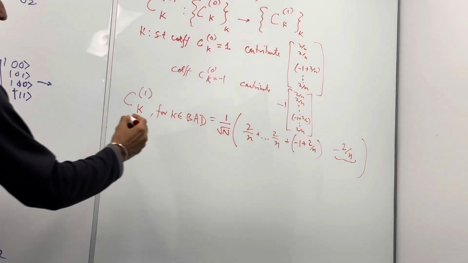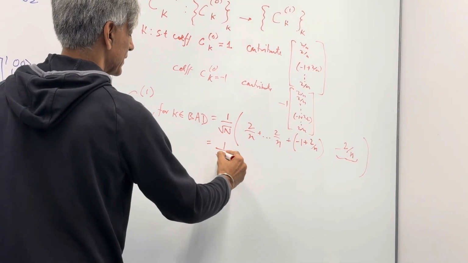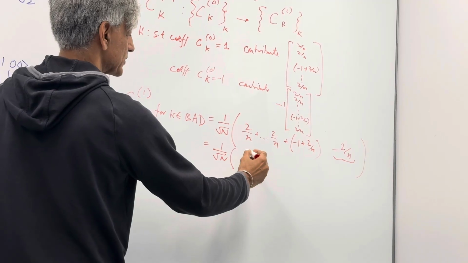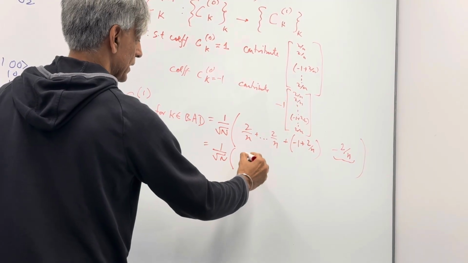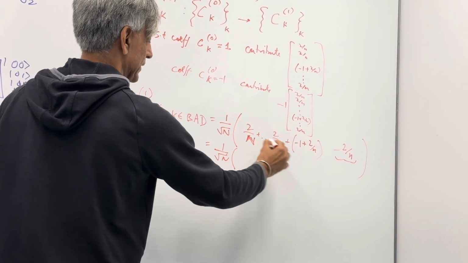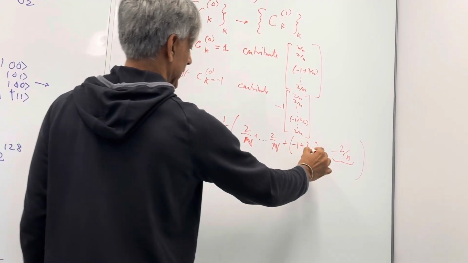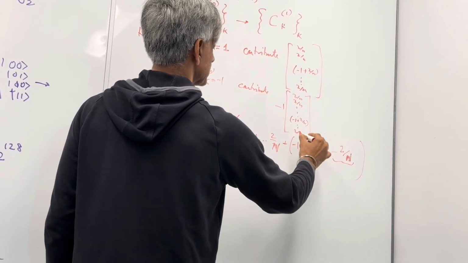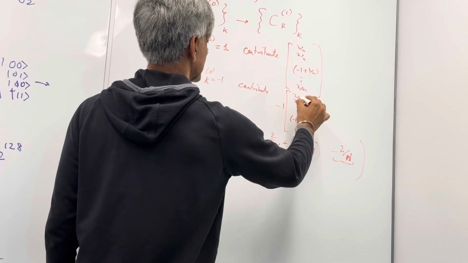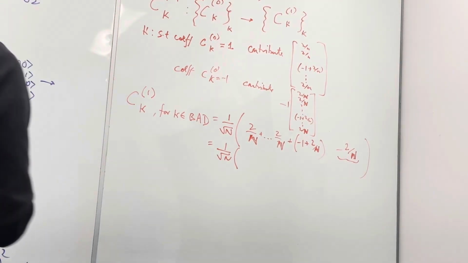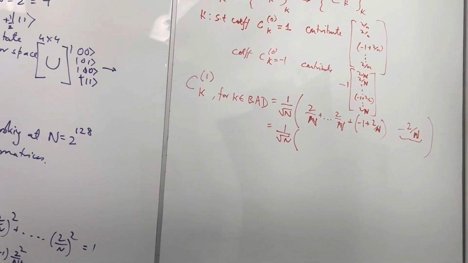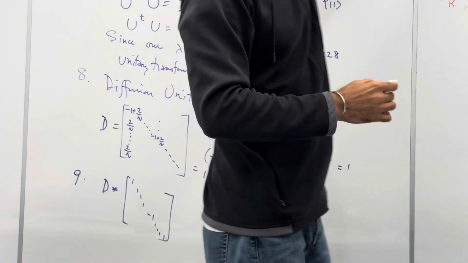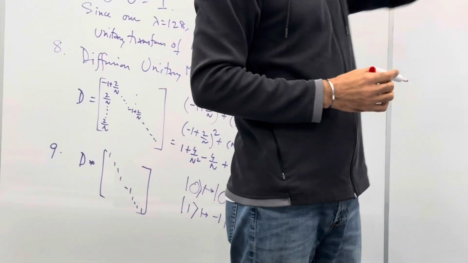So if you do this summation, actually this is capital N, I should not write small n. At some point I switched to small n, but these are all capital N's.